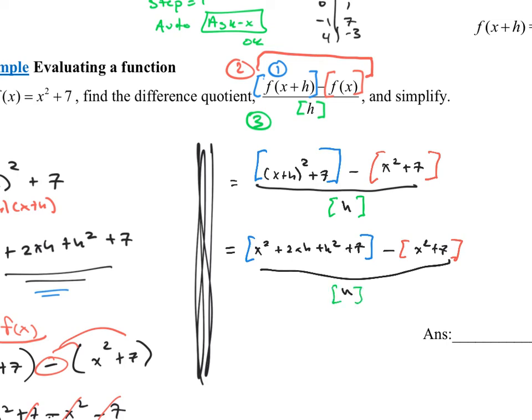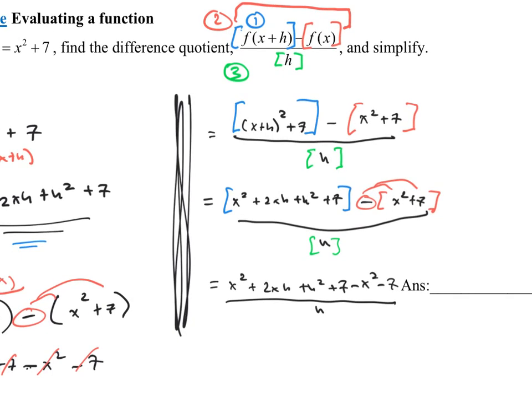Okay, now I need to start my simplification. I need to remember that I have to distribute that negative to both parts in the numerator. So I have x squared plus 2xh plus h squared plus 7. Then distributing the negative, I'd have my minus x squared, and I'd have a minus 7. A lot of students mess up there because they put a plus 7, and it doesn't cancel out as it should. Every time, your last part should cancel out if you have a simple quadratic like this.